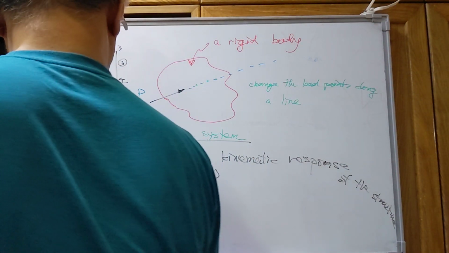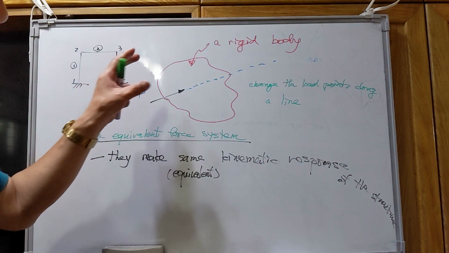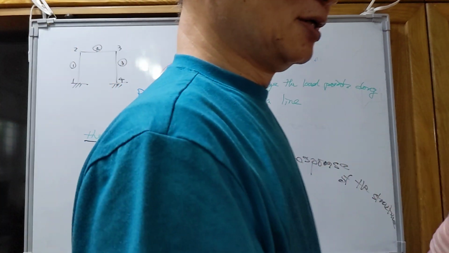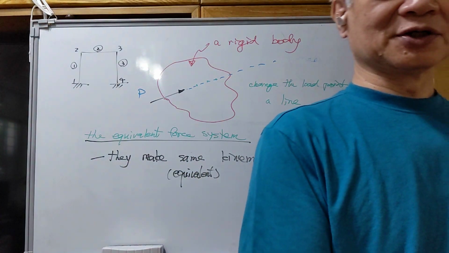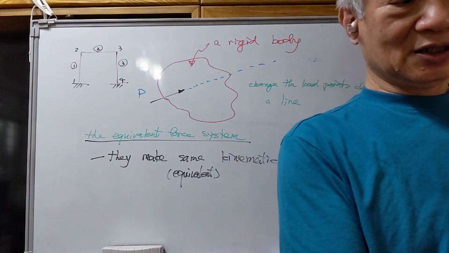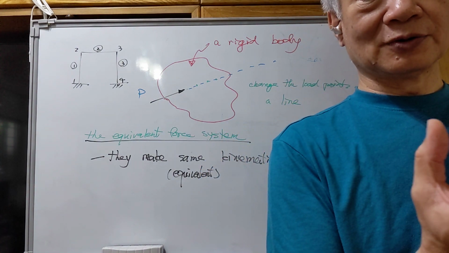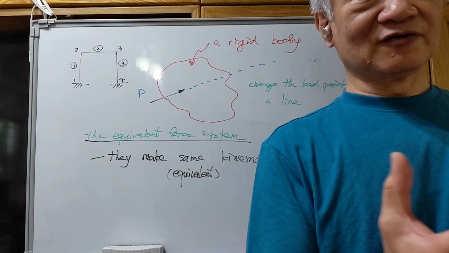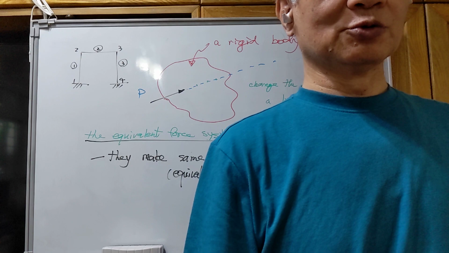You can imagine the rigid body looks like a very rigid particle. So if we push the particle, the particle will move, it will have velocity and accelerations.